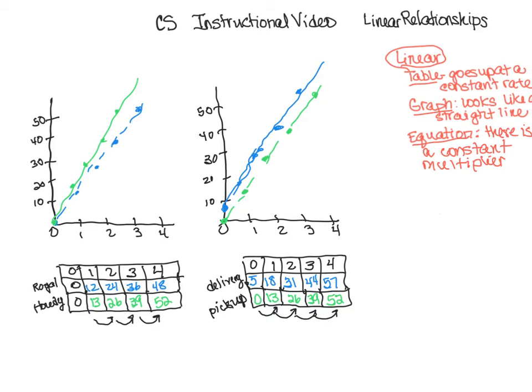So now I want to move into what the equations would look like. Okay, so the equation for Royal, and we did this in the last video, I just want to do it again.